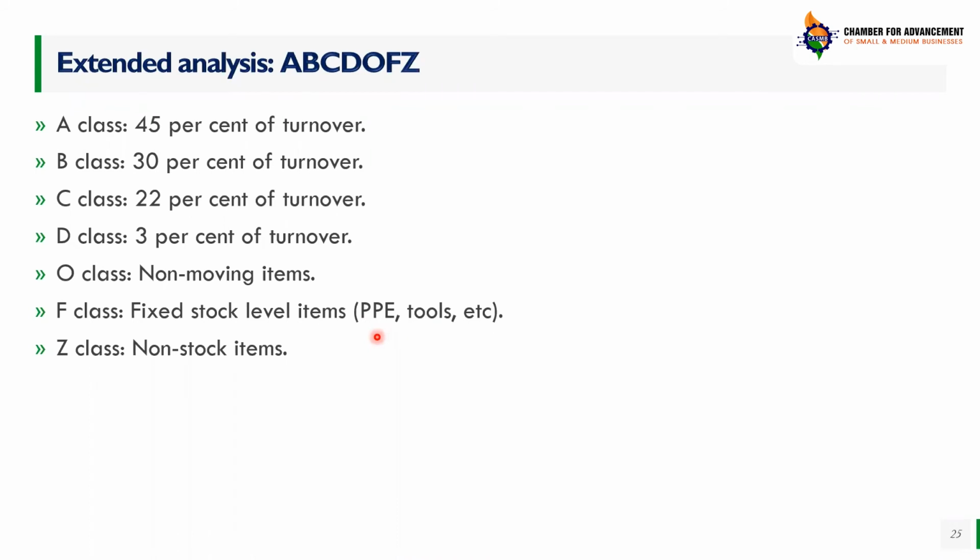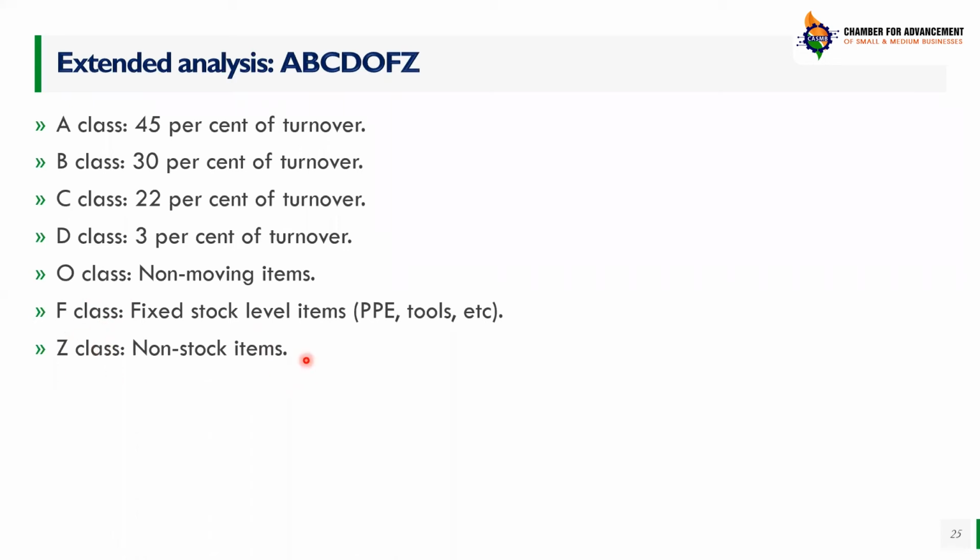Like if you have say 80 workers in your factory, then you have to maintain PPE for those 80 workers. There cannot be up or down for that because you have fixed number of workers there, or tools required for maintenance, etc. So fixed stock level you have to maintain. There cannot be up and down there, and those can be classified as F class items.